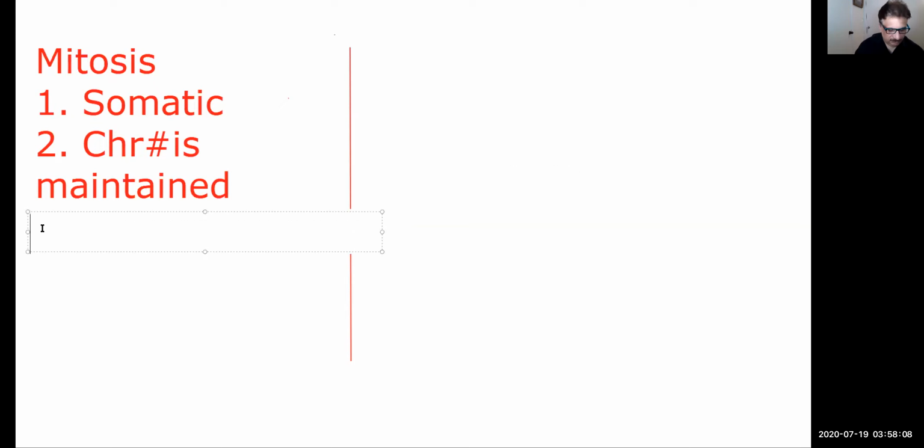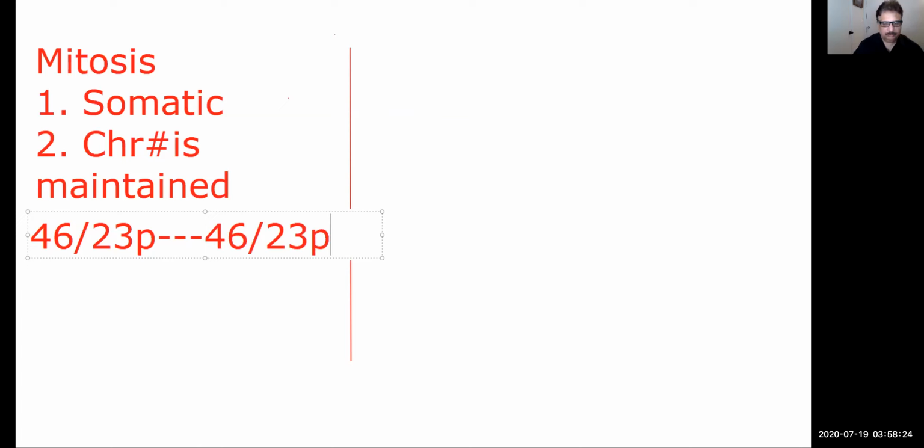If the parent cell has 46 or 23 pairs of chromosomes, then the daughter cells, skin cells, will have the same 46 or 23 pairs of chromosomes. There is no change.